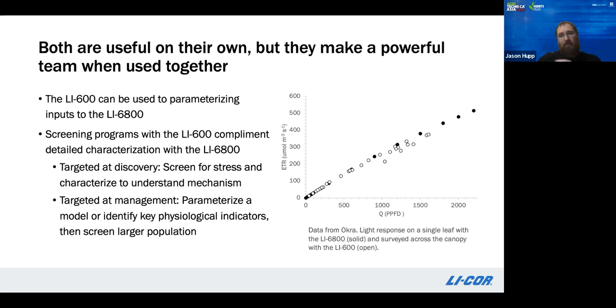And then we might use that model to pick out thresholds for a particular physiological parameter that we're going to use to guide our production. We know that if, I don't know, Fv/Fm drops below this particular value this many days after we stop irrigating, and we let it go further, it's going to have this significant consequence on yield. But if we irrigate at that point, then maybe our yield gets restored to some significant fraction of the original potential.